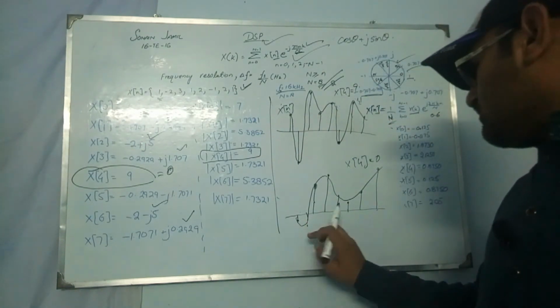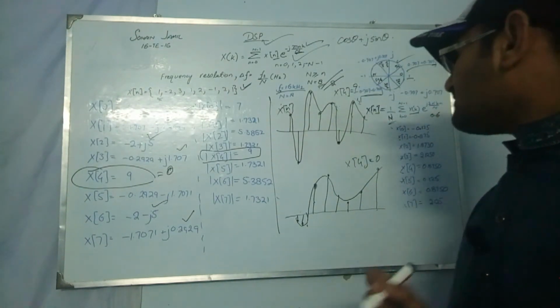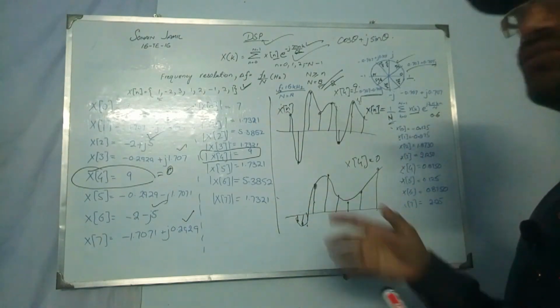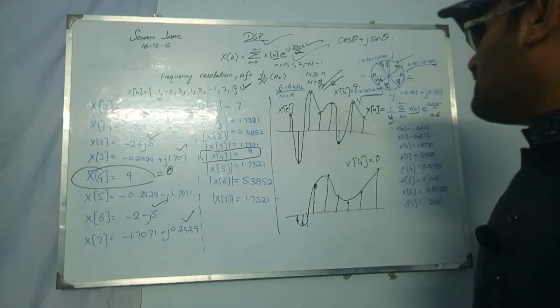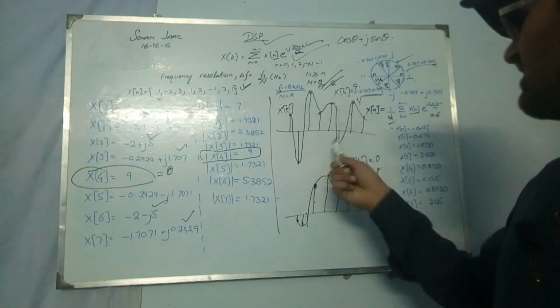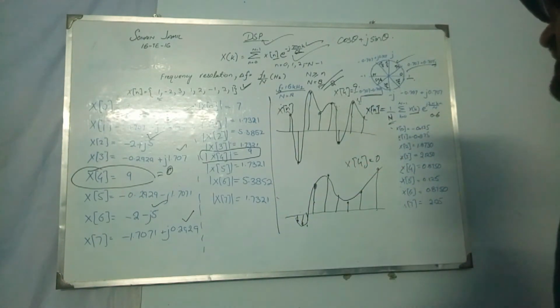Now you can see that these are very smooth values and these are highly transitive, or there are very high transitions here.